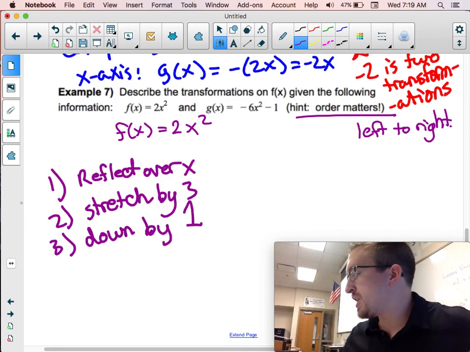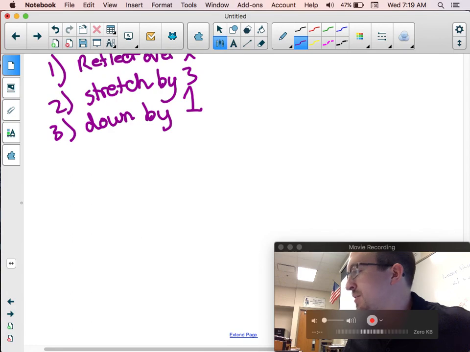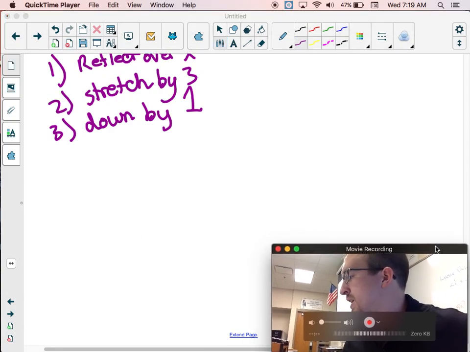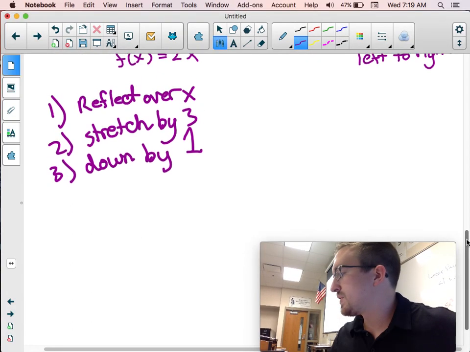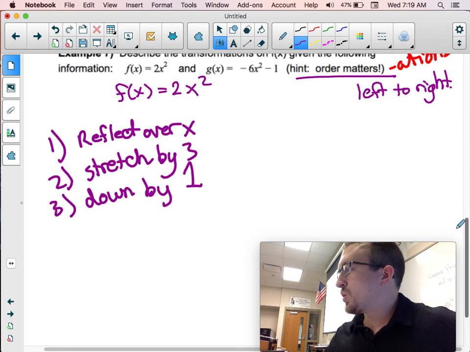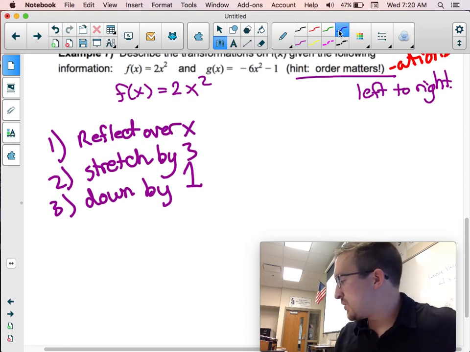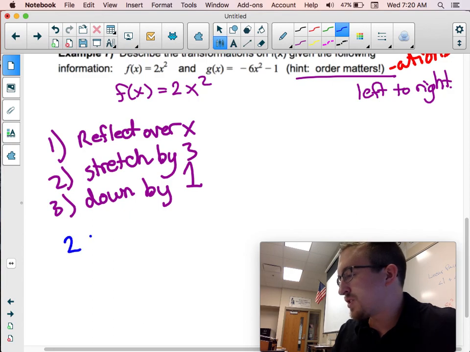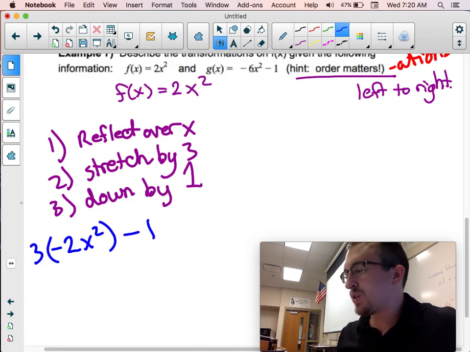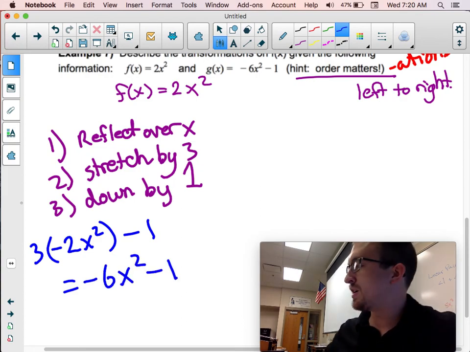And this works algebraically because if I take those in order, I'm not going to prove this to you on a graph right now. But if I take my parent function 2x squared, I reflect over x first. I put a negative sign up front. Then I multiply by 3, and then I shift down by 1. And you can see that we wind up with negative 6x squared minus 1.